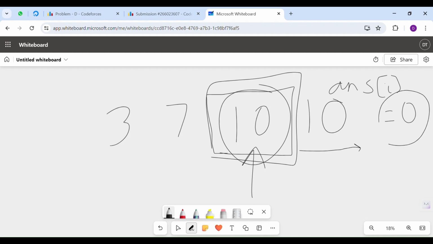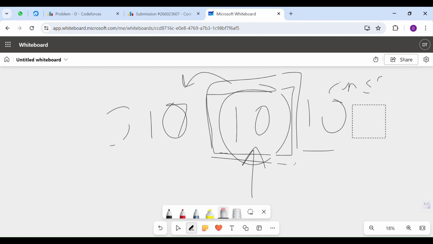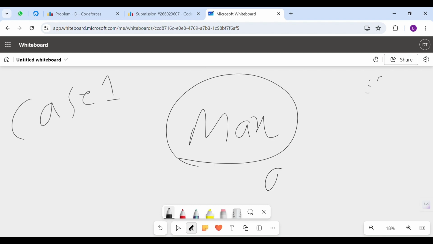Okay, this is case number 1. But if there is any candidate to the left of it that has the same number of votes, that means the answer is not 0. Okay, so case number 1, if the value is maximum, then we know our answer is 0.